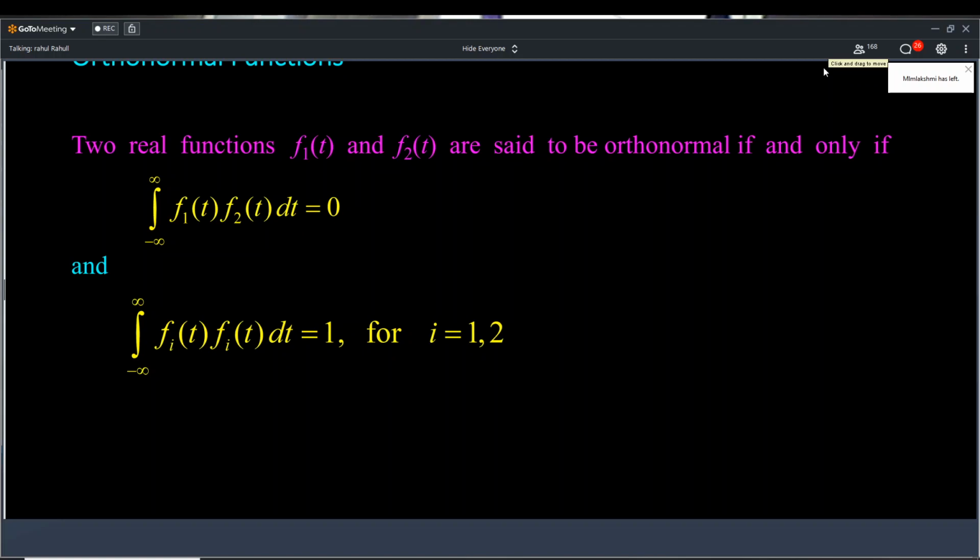Then both the functions have norm 1. If you put i equal to 1 and i equal to 2, and in both cases the integration is equal to 1, then you are saying that the norm is equal to 1. So if the norm is equal to 1 and they are orthogonal, then this set of functions is called orthonormal functions.